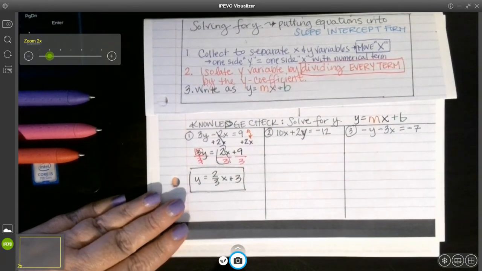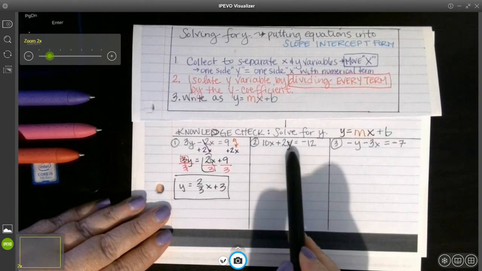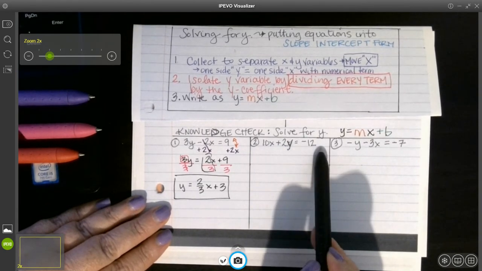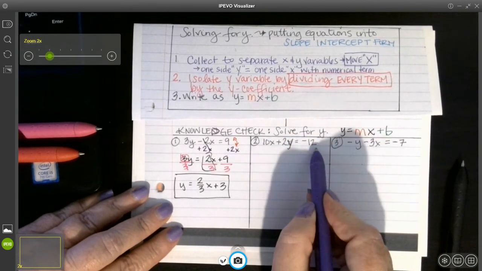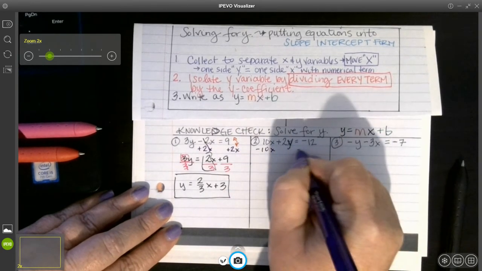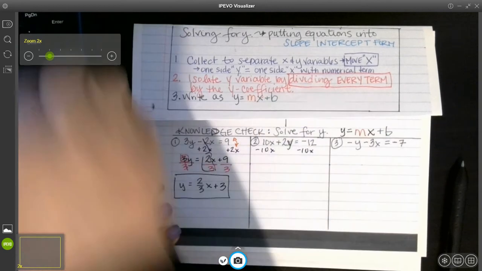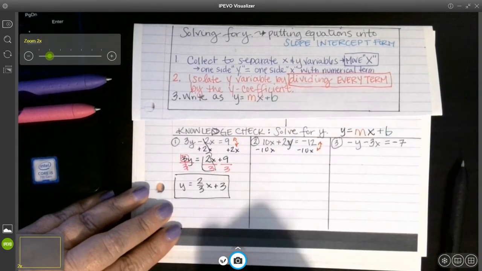So for our second one, we have 10x plus 2y equals negative 12. We're going to collect again to put our x's on the right. So I'm going to subtract 10x. I'm going to subtract 10x. Again, these cannot be combined.